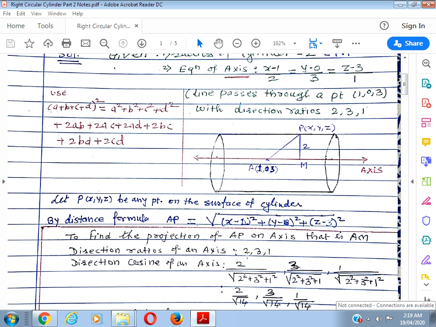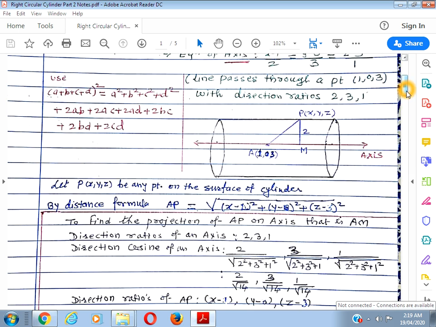How to find direction cosines from direction ratios? 2 by under root 2 square plus 3 square plus 1 square, comma 3 by under root same thing, comma 1 by under root the same thing. And 2 square plus 3 square plus 1 square is 14. Therefore 2 by root 14, 3 by root 14 and 1 by root 14 are the direction cosines.